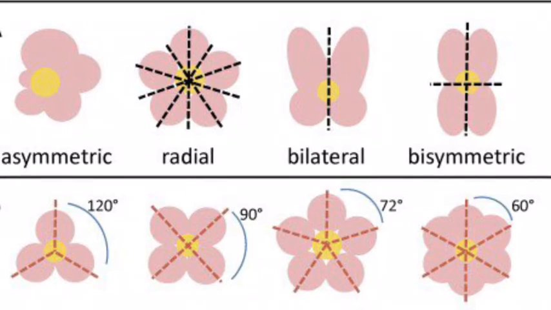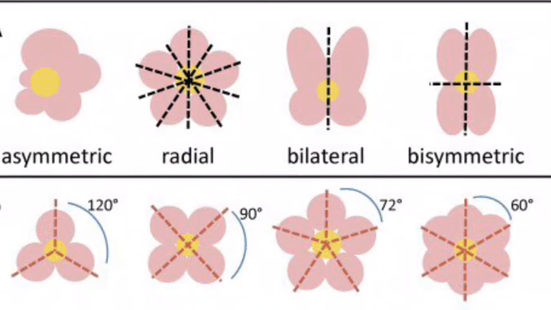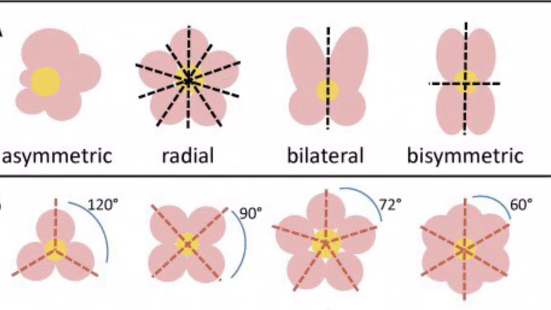There are other types of symmetry too. Bisymmetric symmetry is where the top and bottom and the side and the other side are all symmetrical. Radial symmetry, like you'll see in the flower toward the left, means that something is symmetrical all the way around.